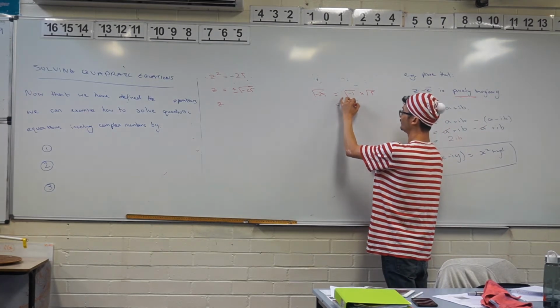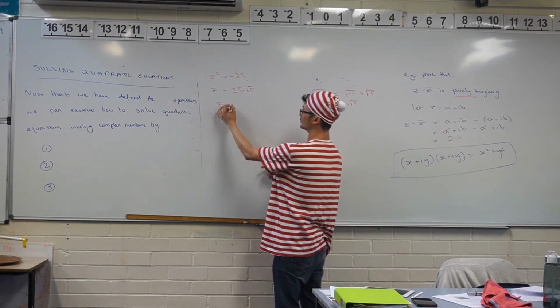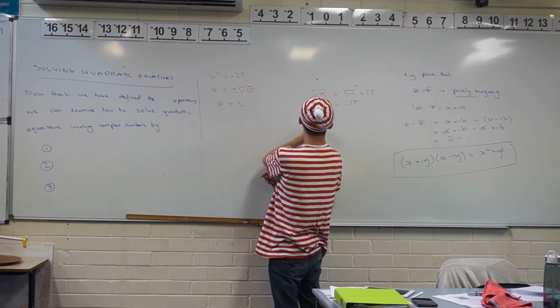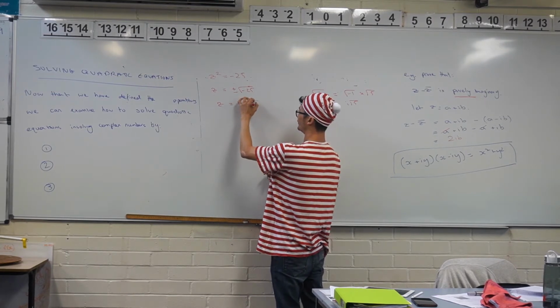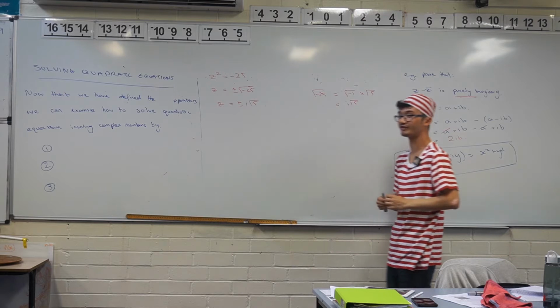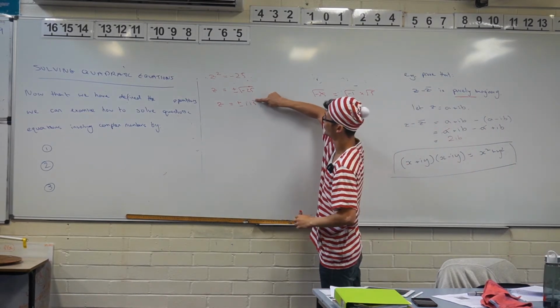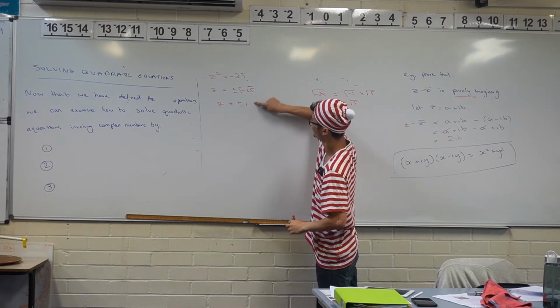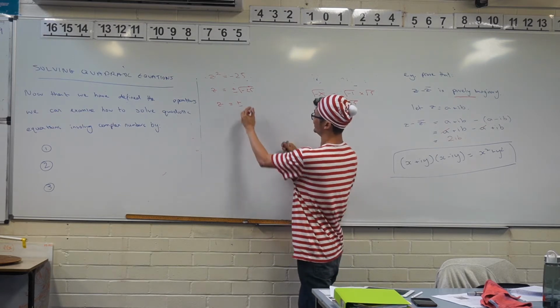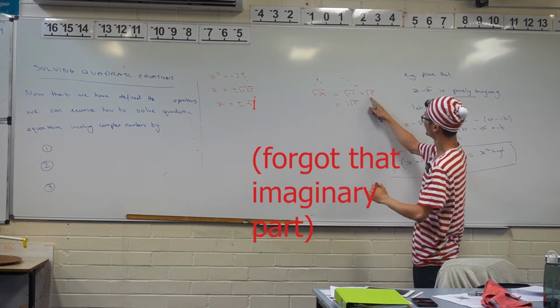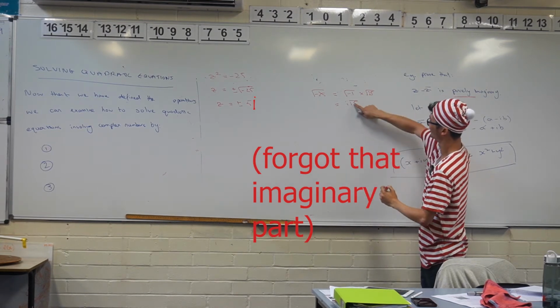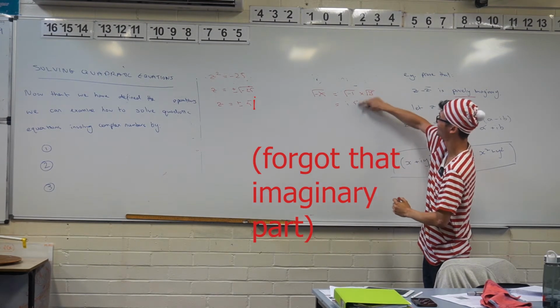So that's i root 5. And so we could say that this is equal to the positive and negative i root 5, right? So these are in fact now our imaginary, sorry, not root 5, just 5 there. The square root of 25 there, that should be. Sorry, thanks for that. Fix that up.